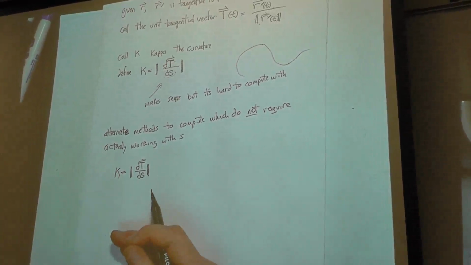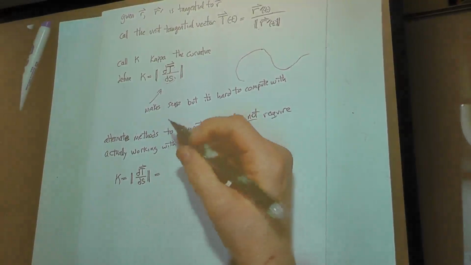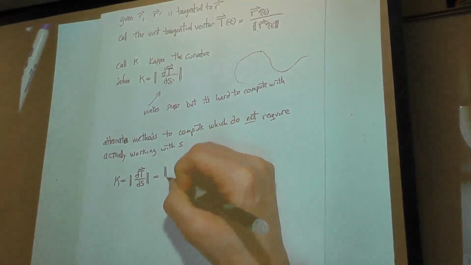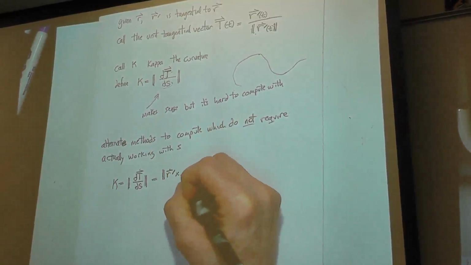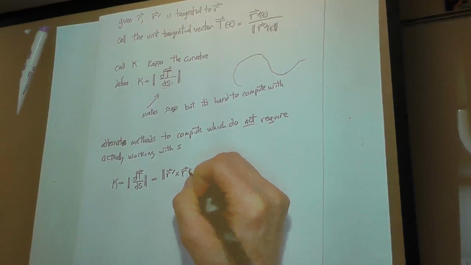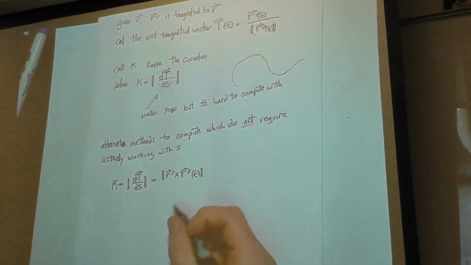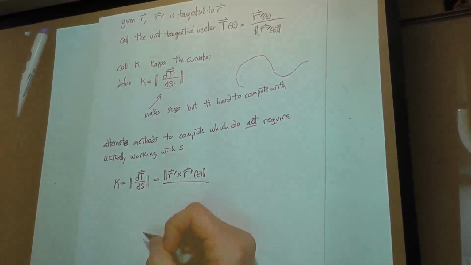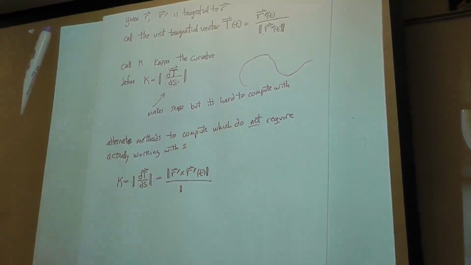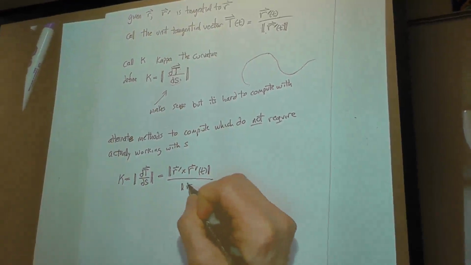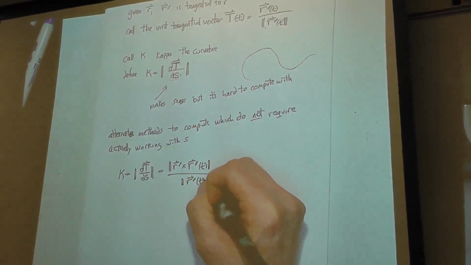I think most people end up using these. If you need them, I will provide them. Not on this test, but on the second test. These are not formulas that you need to memorize.